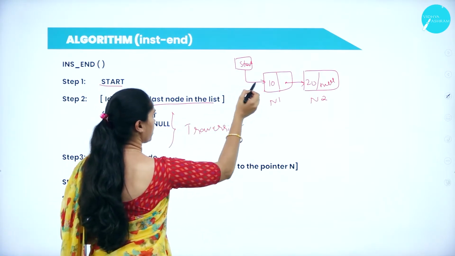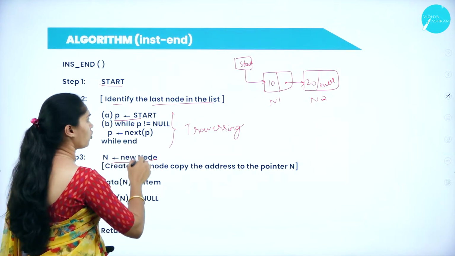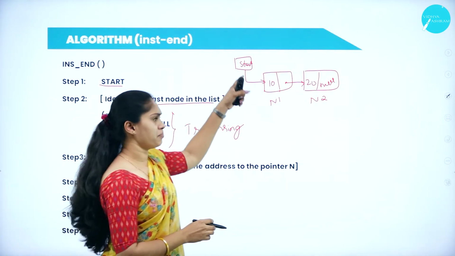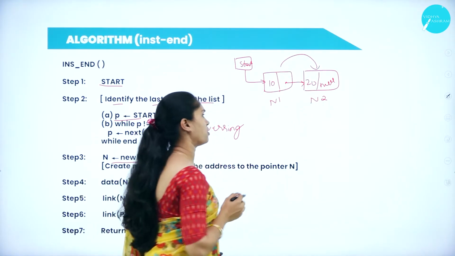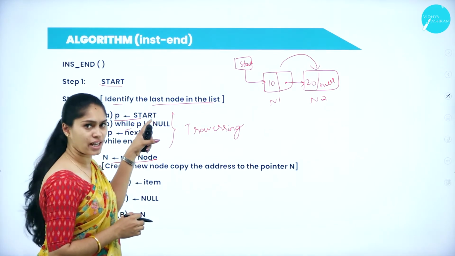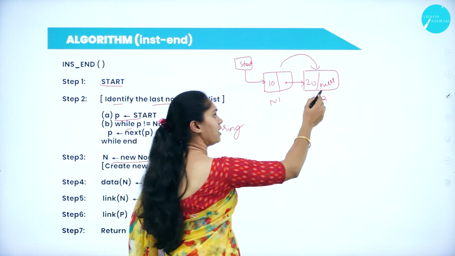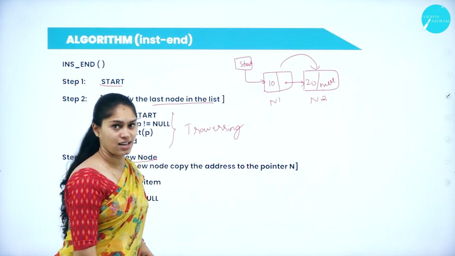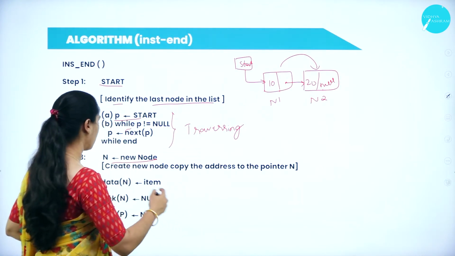So here it will start while p not equal to null, p next of p. Here p is not equal to null, so my pointer will point to this position. In the second position, p is equal to null. So at this time we get to know that this will be the last node of this linked list. When we found the last node of this linked list, at that time I have to create a new node.